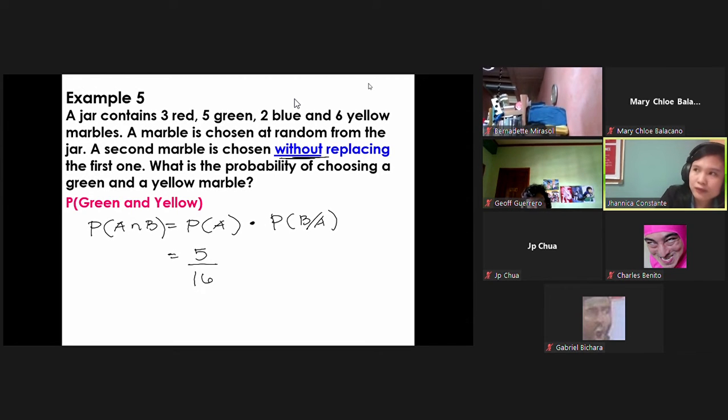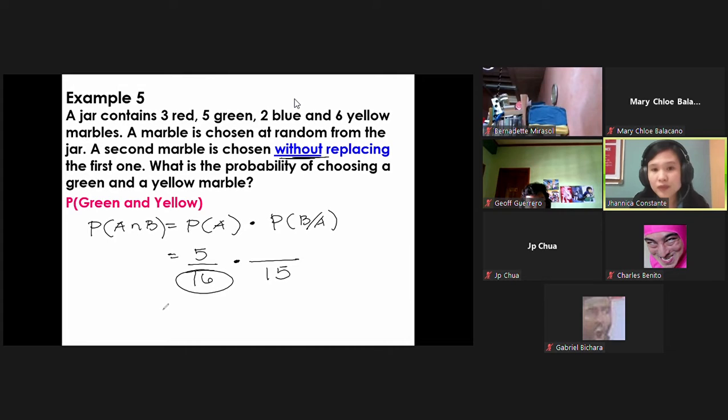So from the first event, we get 1 marble which is colored green. For our second event, the number of marbles will be deducted by 1. So dati, in the first event, 16 yung marbles. Your second event, the number of marbles now will become 15.